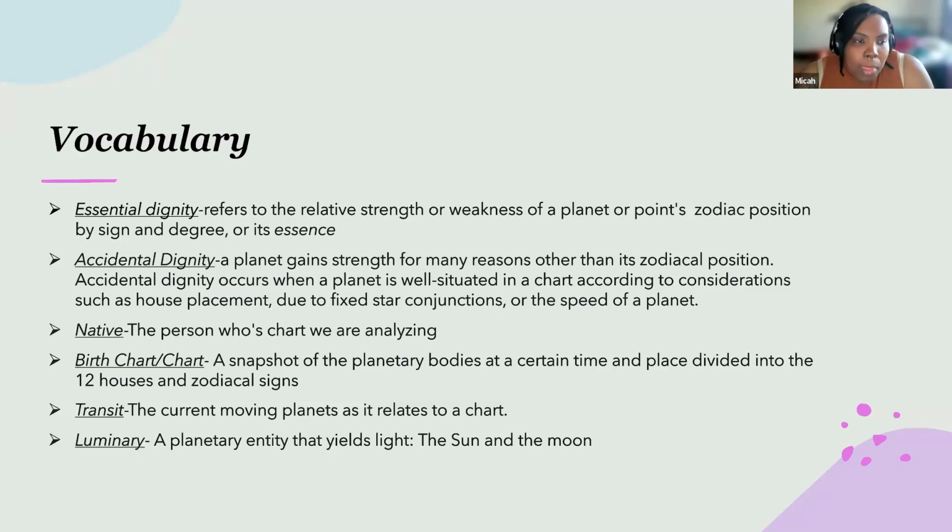Essential dignities refers to the relative strength or weakness of a planet or point's zodiac sign position by sign and degree, or its essence.